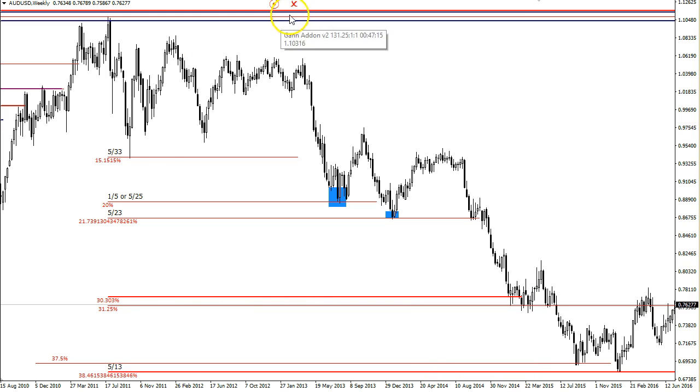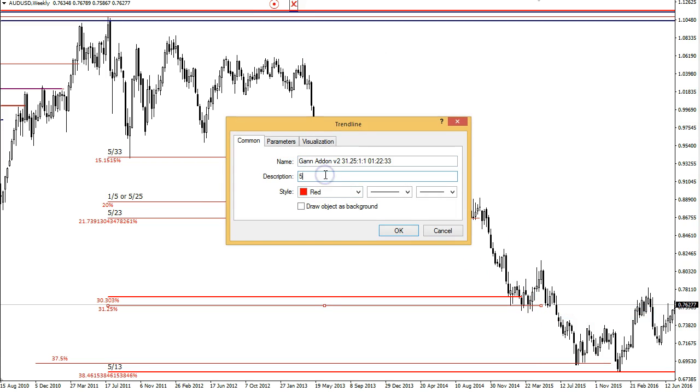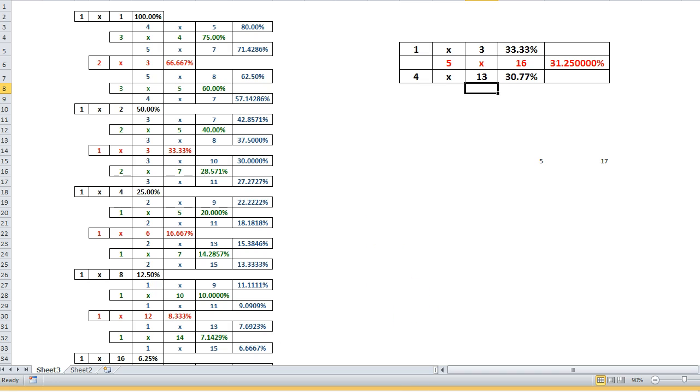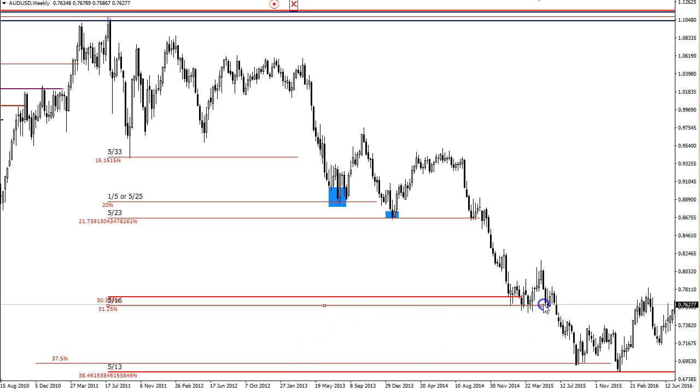Even this is a double number we traded, but 31.25, which is 5 by 16, did stop the market for at least 5 weeks. So I'll take this one out so I can see the numbers.